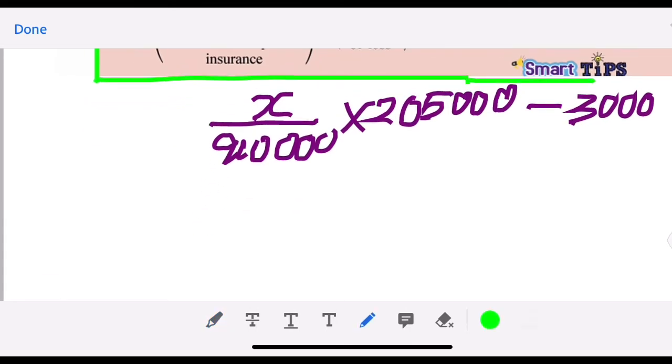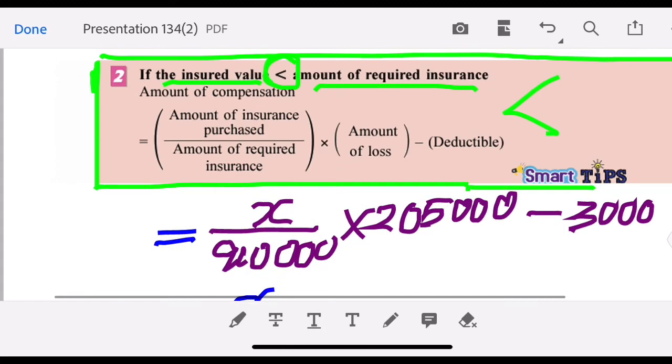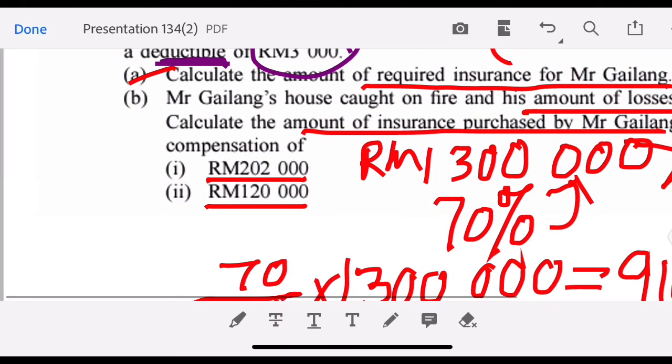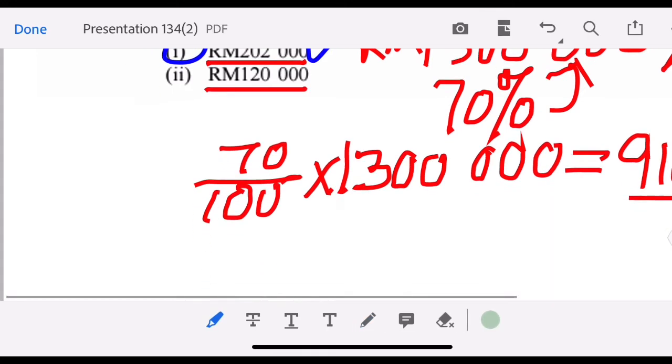So we are going to calculate now, and the answer that we get should be equal to the amount of compensation received, which is 202,000, right? According to the question, compensation 202,000. So we are going to focus on this.